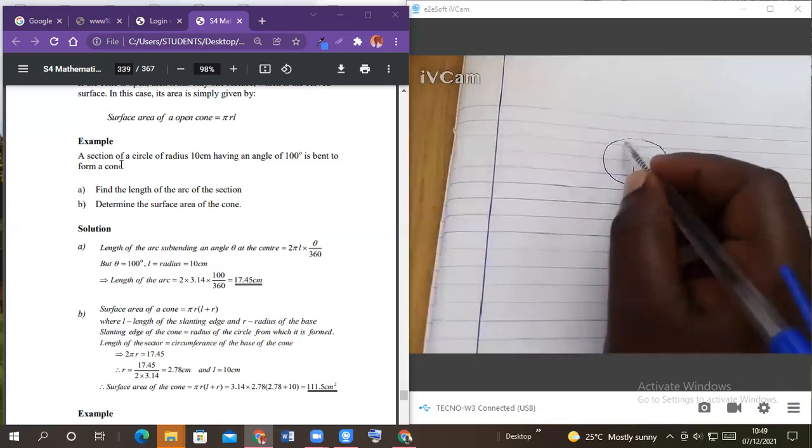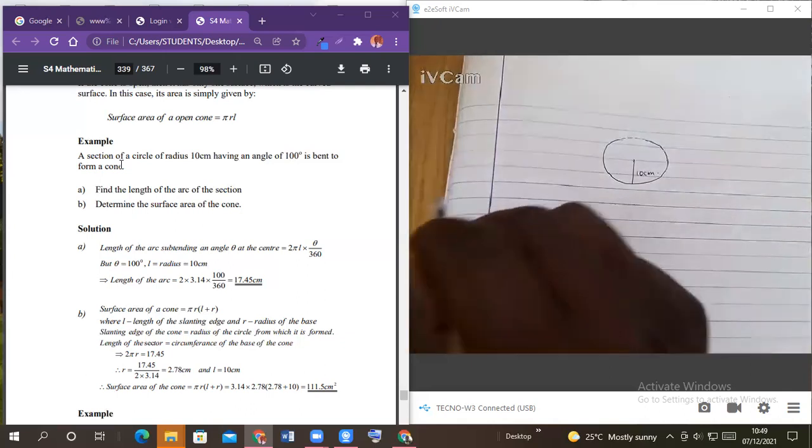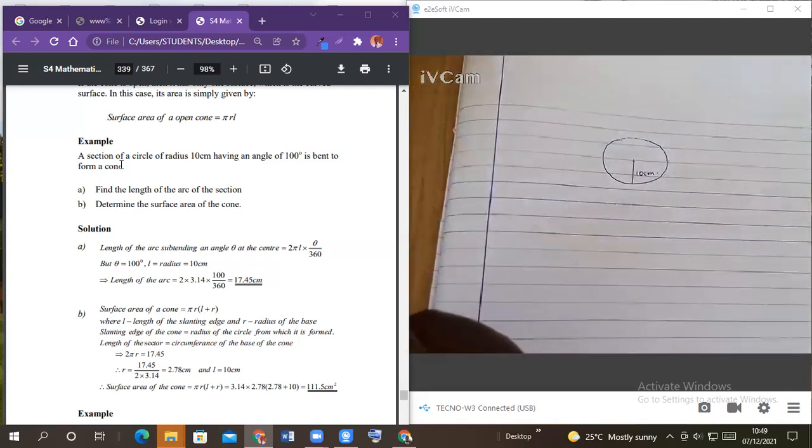So if this is the circle and we cut out part of it, we form what we call a cone.